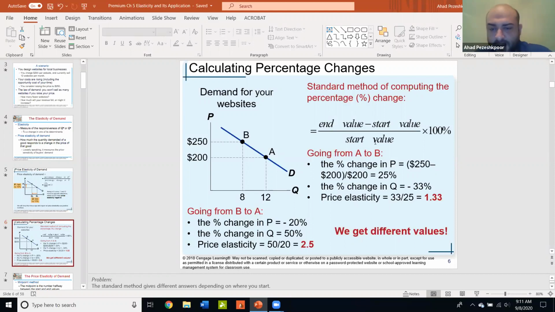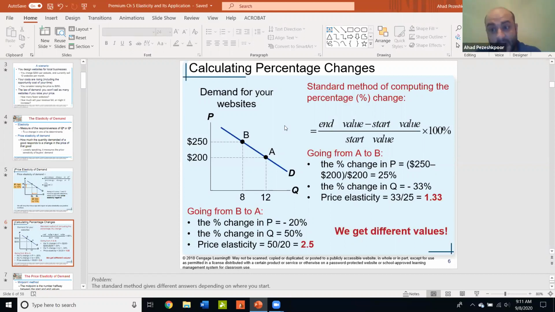This is not for economics only. This is for everyone. This is in engineering, in accounting, in every other major. In order to find the percentage change of something, you deduct the start value from the end value, so you can find how much it changed, and then you divide it over the start value itself, because you want the relative change.